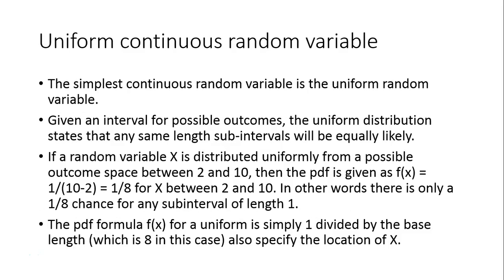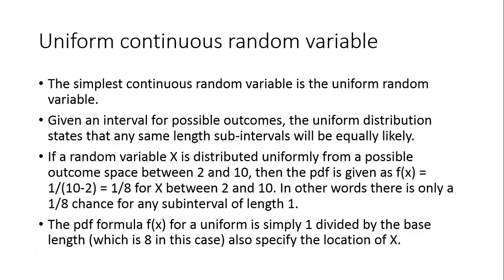The simplest continuous random variable is called the uniform random variable. Given an interval for possible outcomes, the uniform distribution states that any subintervals of the same length will be equally likely. If a random variable X is distributed uniformly from a possible outcome space between 2 and 10, then the PDF is given as f of x is 1/8 for x between 2 and 10.